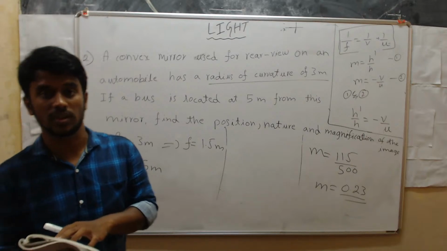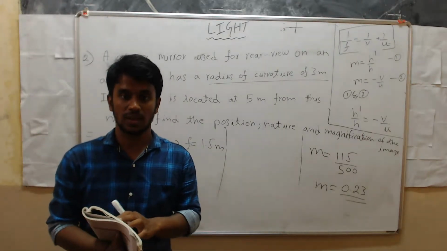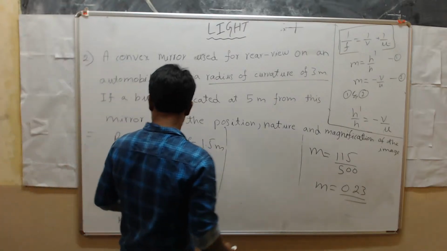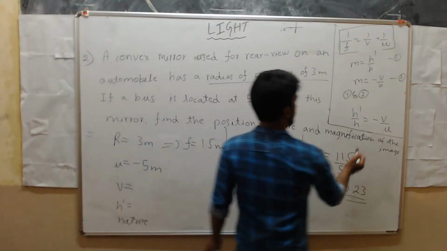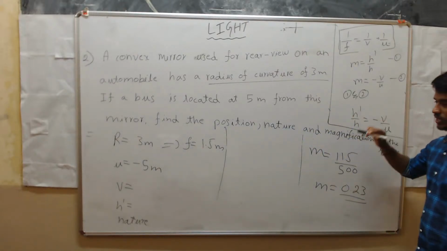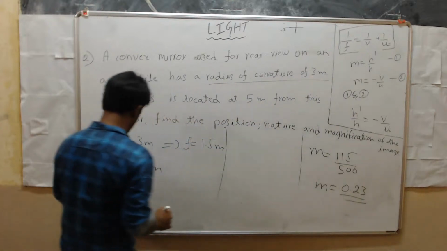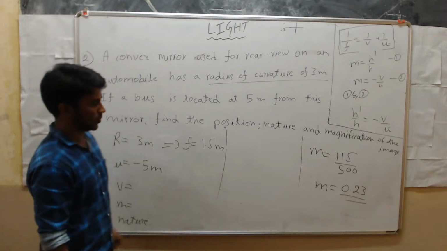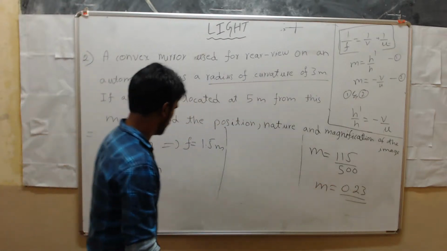It's not the size of the image; it's the magnification of the image. Because we can't find h dash, since we don't know the h value, so we need magnification. So the magnification is 0.23.